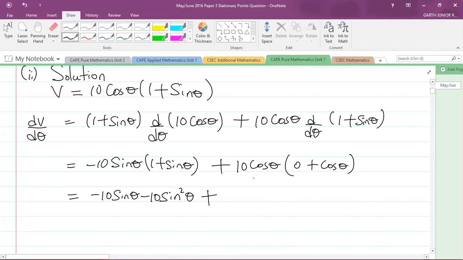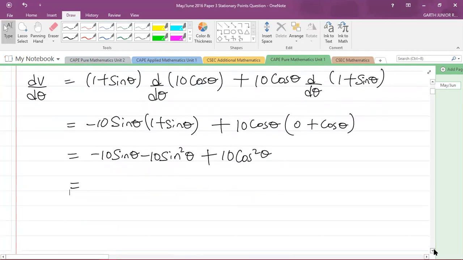So what we have is 10 cos theta being multiplied by cos theta, which will give me a 10 cos squared theta. Okay? And this is now equal to negative 10 sine theta minus 10 sine squared theta plus 10 cos squared theta. All right, remember I want my value for theta, so I have to equate the derivative to 0 to find my value for theta.